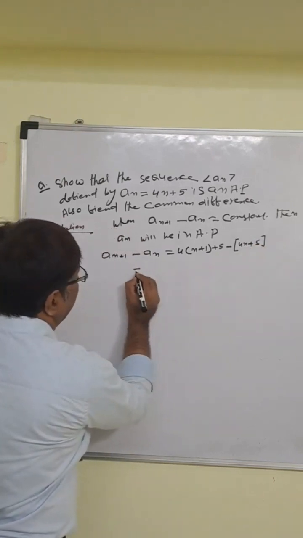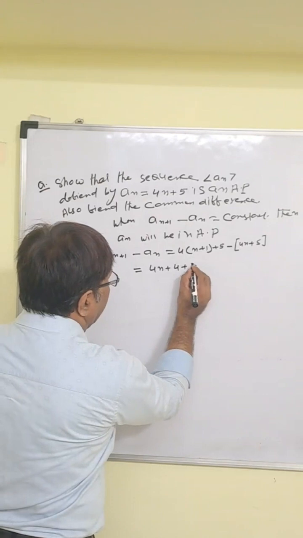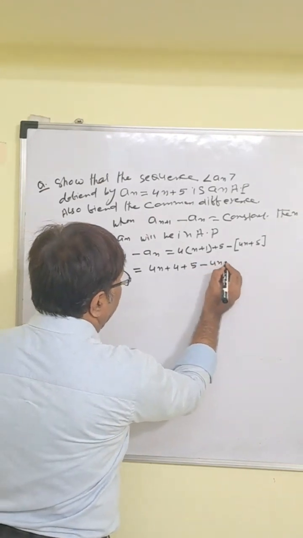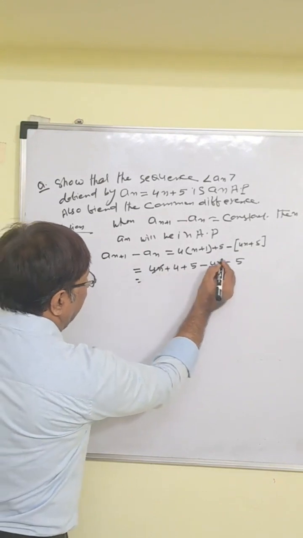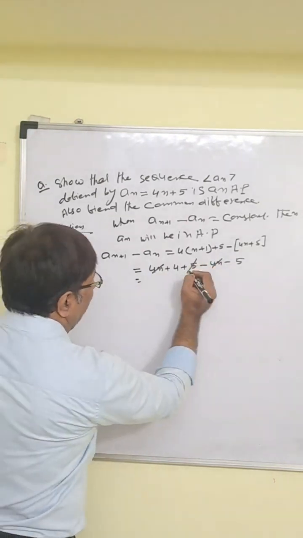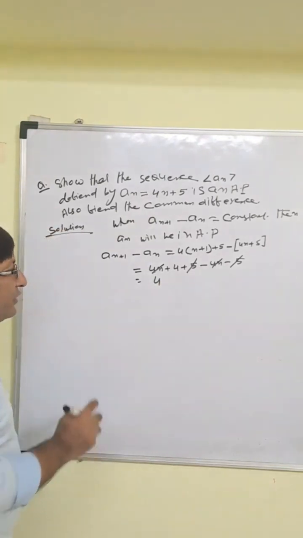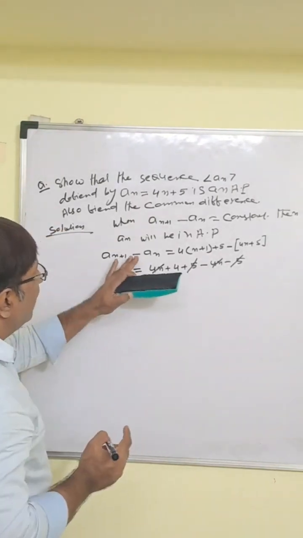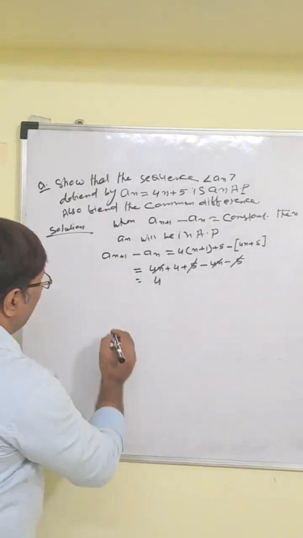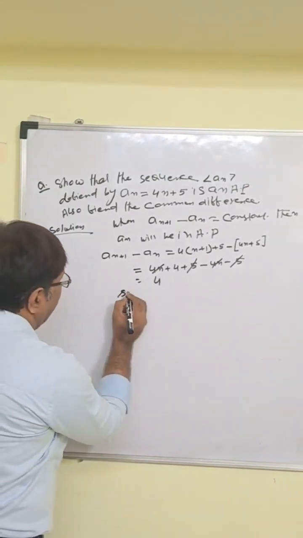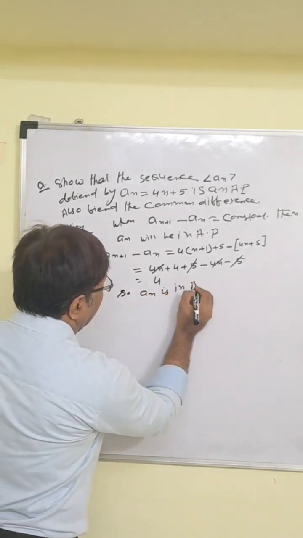Now we can write 4n plus 4 plus 5 minus 4n minus 5. Here 4n and minus 4n cancel out, and 5 cancels. So we get 4, which is a constant term. a_(n+1) minus a_n equals 4, a constant term. So a_n is in AP.